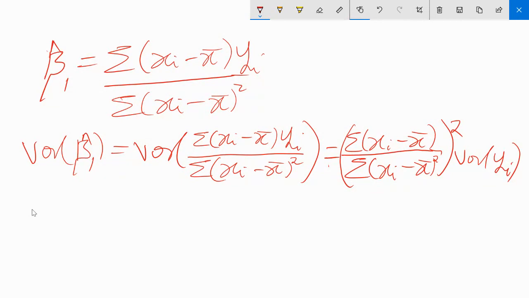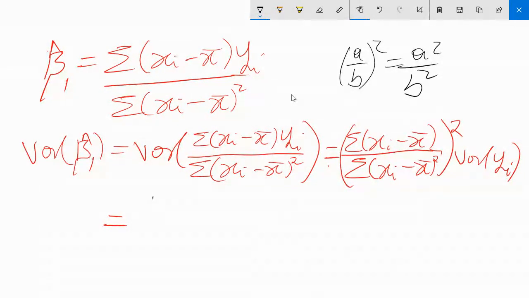Now, I will write it here. Let me use a different color. As a over b all squared is the same as a squared divided by b squared, which means we can square this and that, and we can separate this.